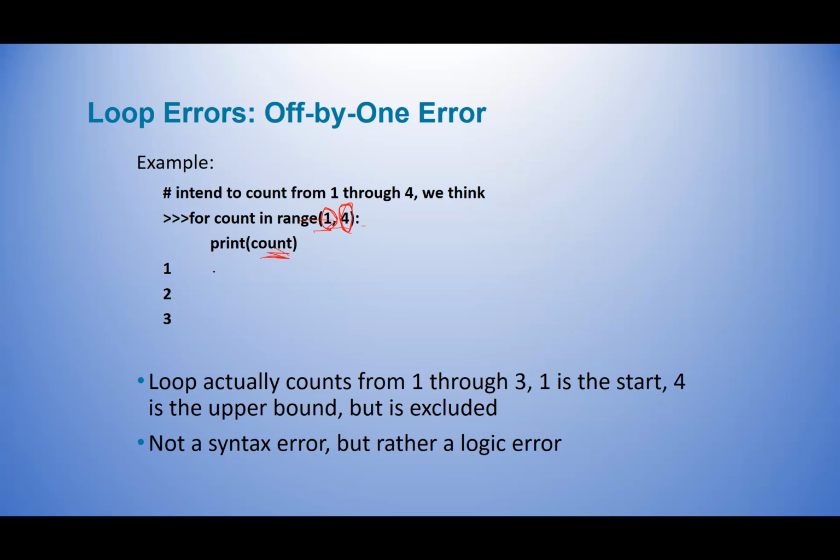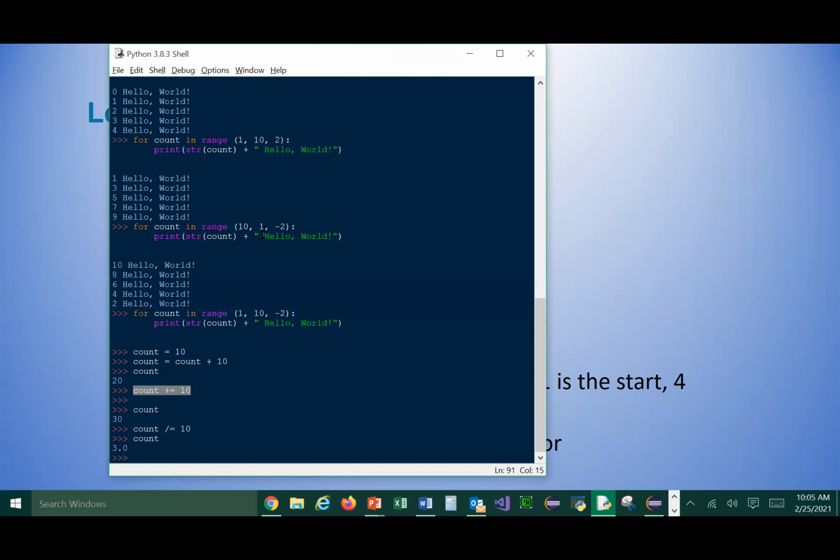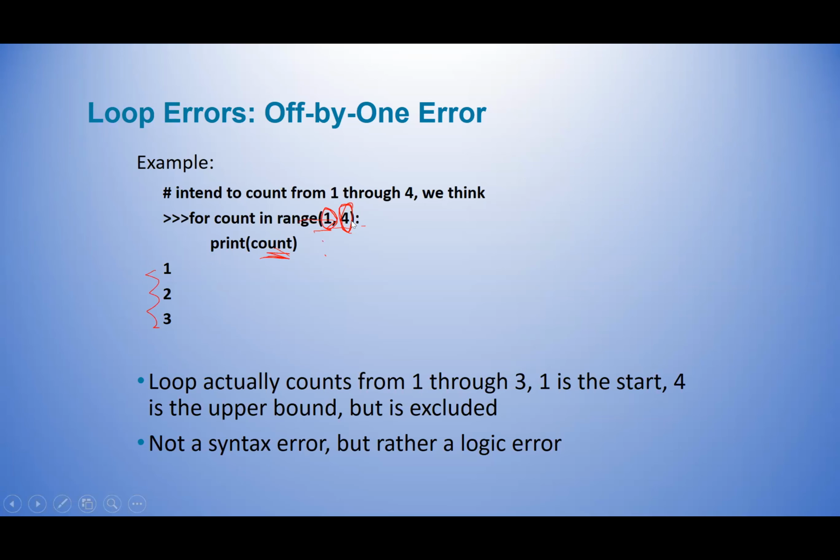So it actually just goes through the loop 3 times: 1, 2, 3. That's a mistake beginning students can easily make, because they think if I do this from 1 to 4, that's 1, 2, 3, 4, that's 4 times. But always remember, this second one is not included. It stops 1 before that. So it actually is just 3 times.